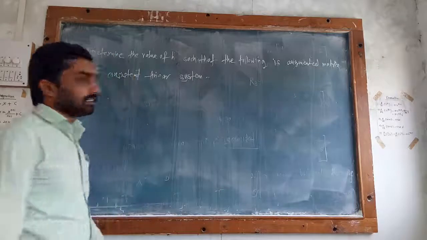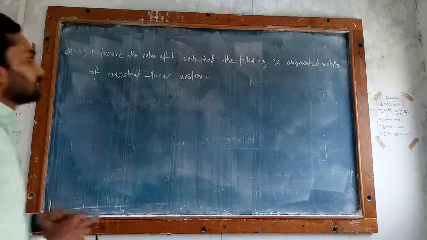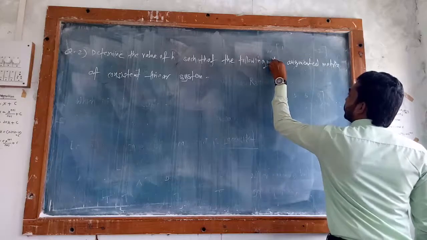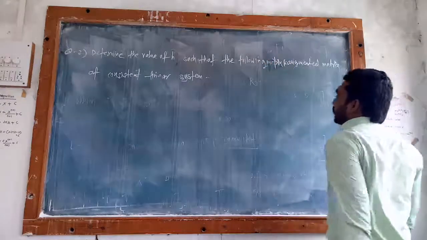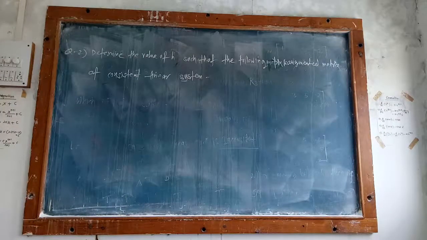Okay, what is the question? Determine the value of h such that the following matrix is the augmented matrix of a consistent linear system.